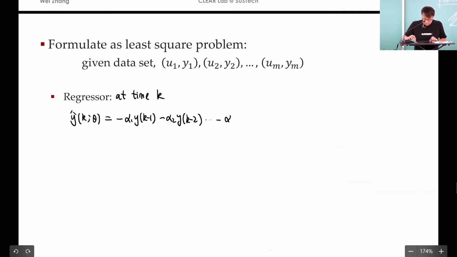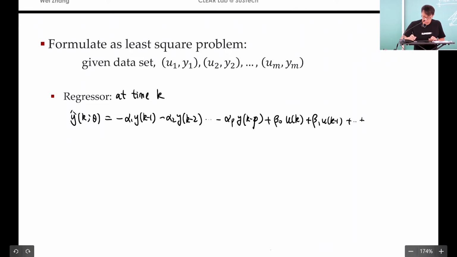So I will have alpha 1 yk minus 1, minus alpha 2 yk minus 2, and so on, minus alpha p yk minus p, plus beta 0 uk plus beta 1 uk minus 1 all the way to beta q uk minus q.